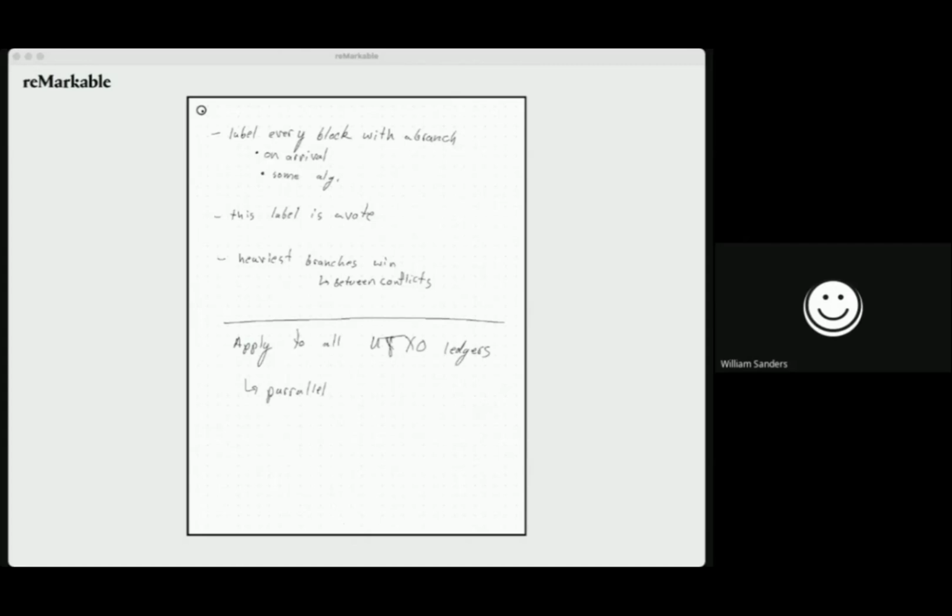Because basically, you use your consensus algorithm, instead of voting on conflicts, to decide on branches. If you want to totally order all your transactions, you can get a total ordering of your branches, and that total ordering will help you decide between branches, and you can still do this parallel execution.